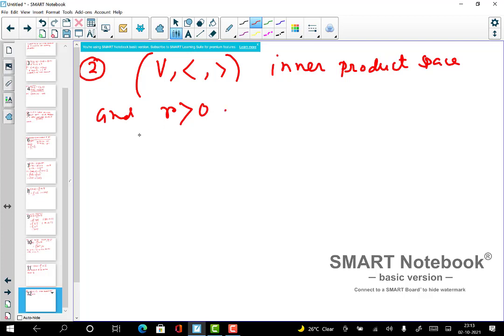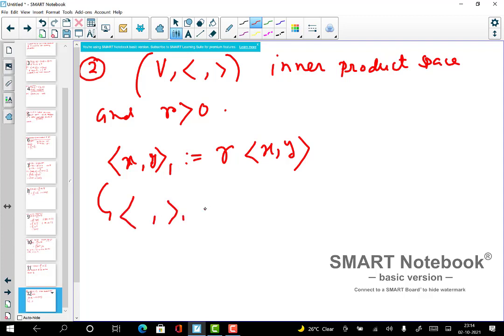Then you can define another inner product, which I'm writing as inner product 1 to make it different from the original. You define it in terms of the original inner product, and then you can prove that this is also an inner product on V. Always true.